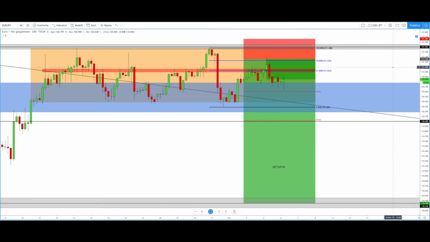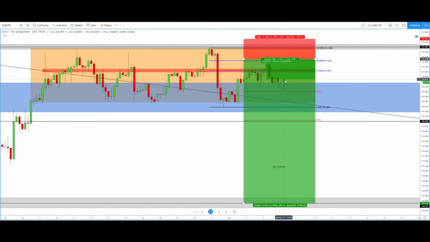Now, guys, look carefully at the next possible operation on this pair. First of all we need to watch the 4-hour closing, because if the price closes with this doji candle, for me it is not any useful signal.